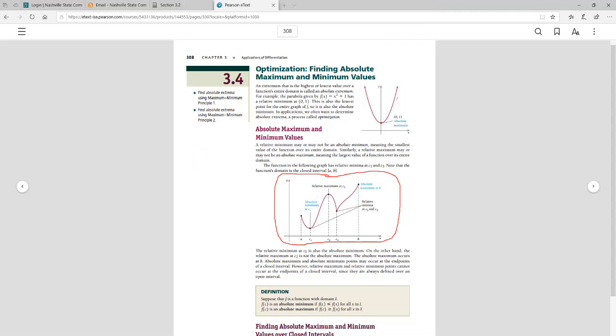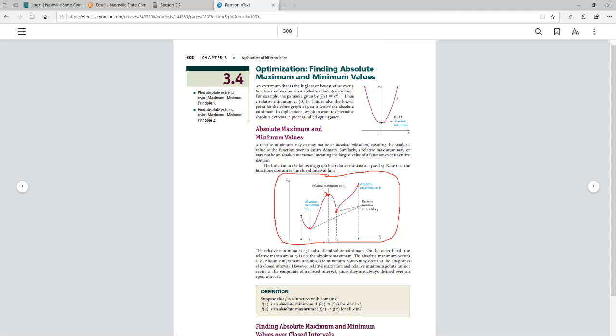If you look at this point here, at x is equal to c sub 1, this is a low point. Is it the lowest point on the graph? What about here? This is a high point. Is it the absolute highest point? And you can see we have a low point here and we have a high point here.